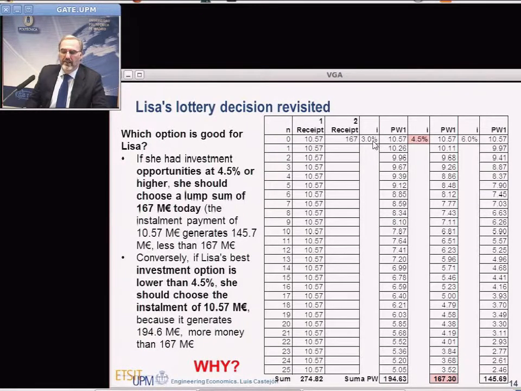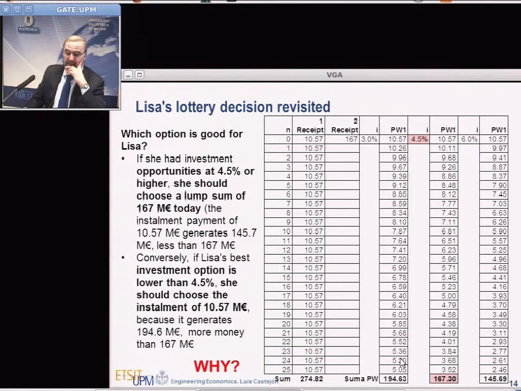So if we use 3%, we see here that the accumulated present value, this is present worth, of all the payments at 3% is 194. So would you prefer investment 2 or investment 1 if the savings account you are offered is at 3%?